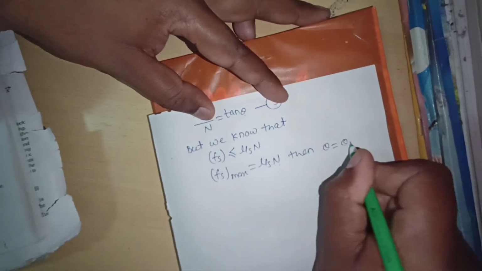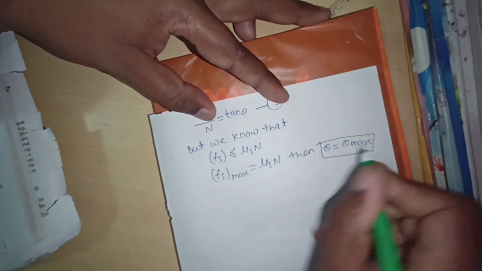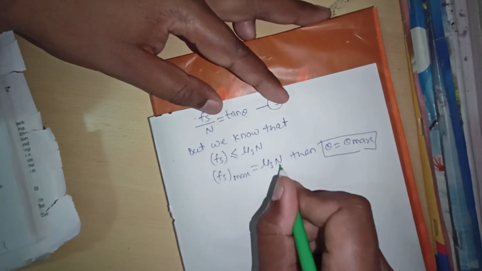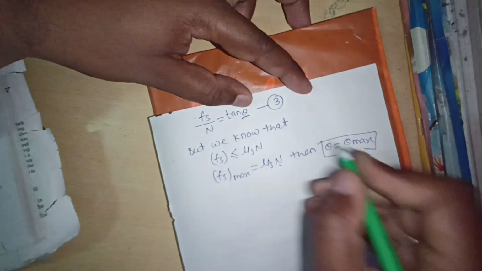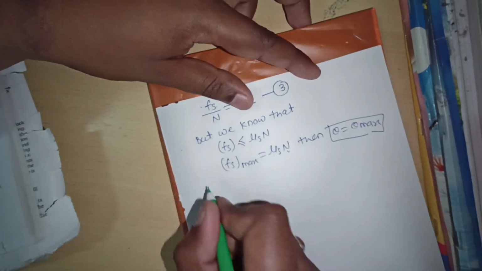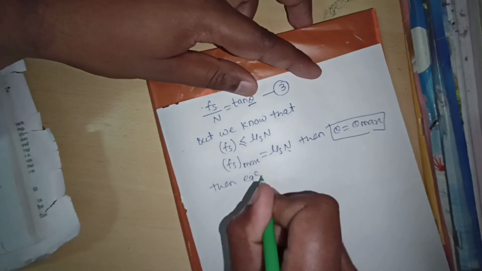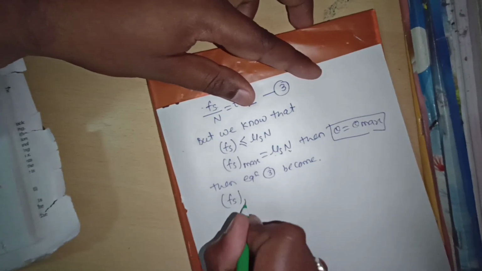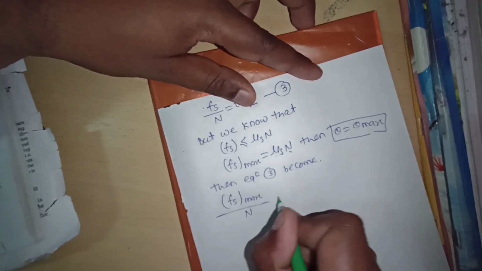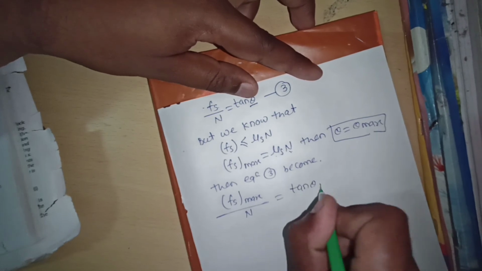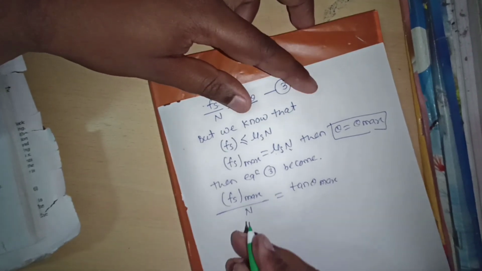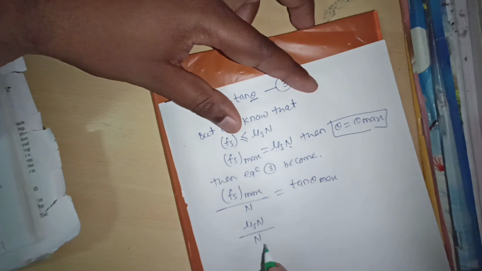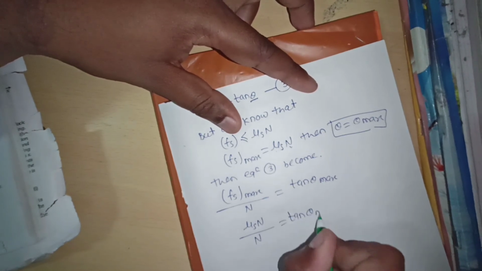Then equation 3 becomes Fs maximum divided by N is equal to tan theta maximum. Fs maximum is nothing but mu s into N. So mu s into N divided by N is equal to tan theta maximum.